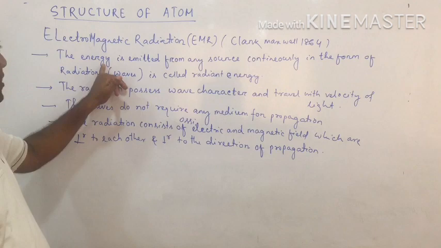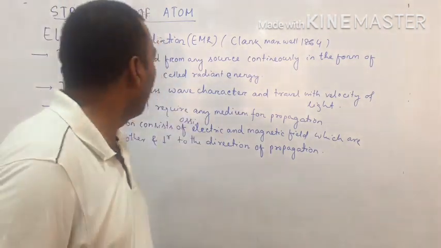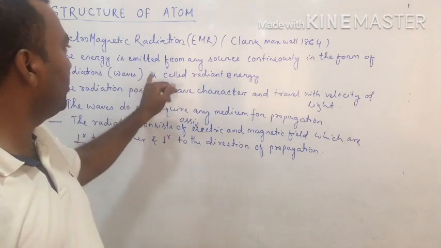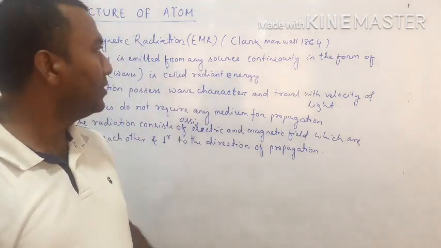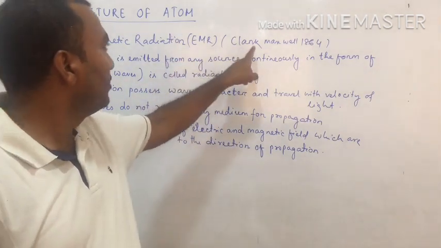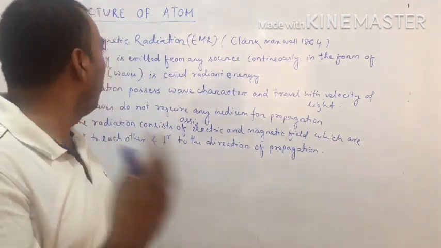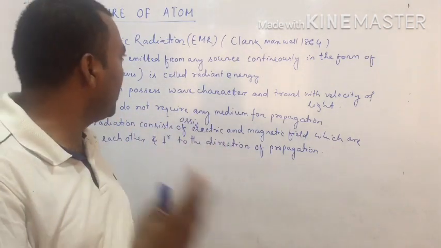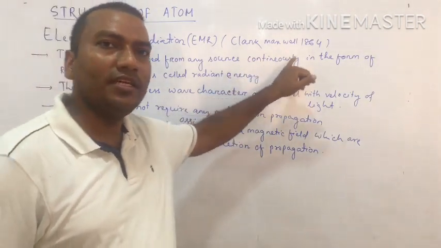The energy emitted from any source is continuously in the form of radiation, which is called radiant energy. According to EMR theory, when any substance radiates, it radiates energy continuously.